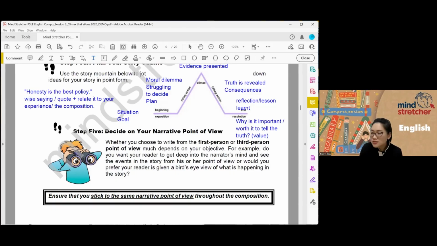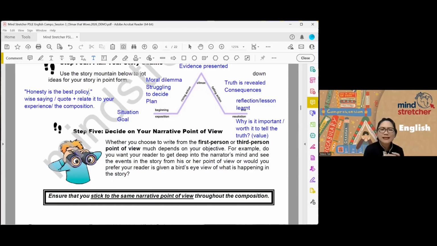I realized that telling the truth helped my friend to learn to be honest so that he can live with a clear conscience. Though we may have to suffer some consequences for our mistakes, at least we don't have to live in guilt, or without having to be tortured by our conscience.